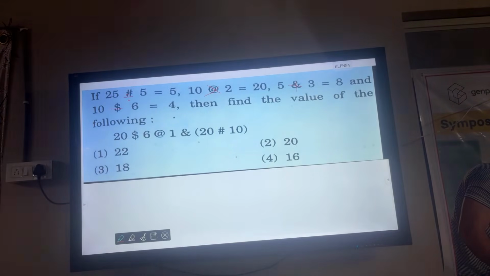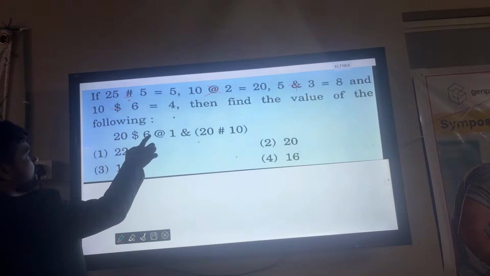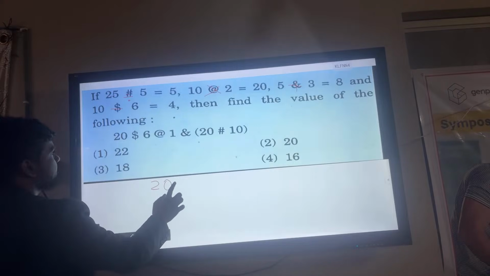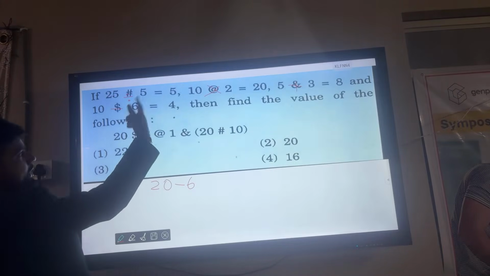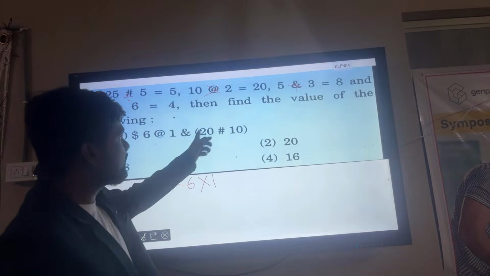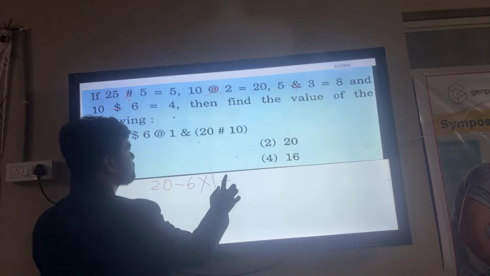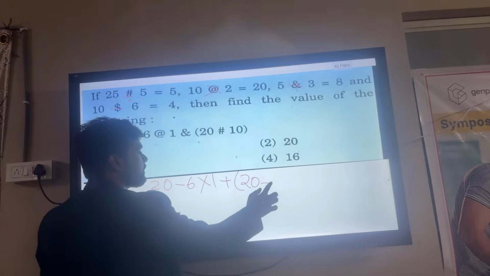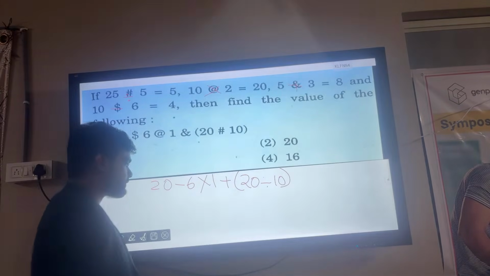Then they are giving you one equation. What do you mean by dollar? Minus, 20 minus 6. At the rate indicates into, and 1 indicates plus. In the bracket, 20 hash indicates division and its value is 10.